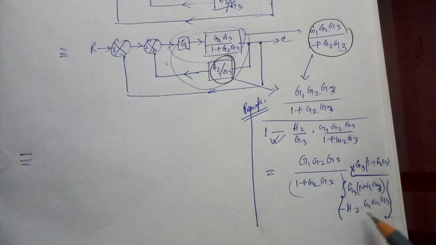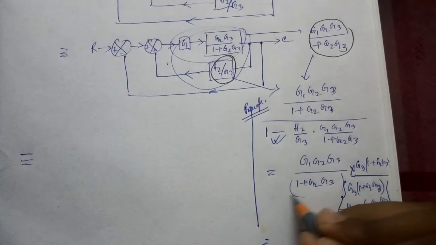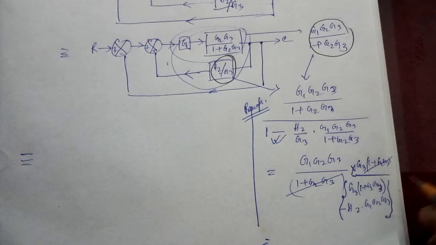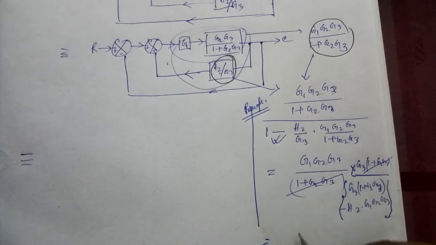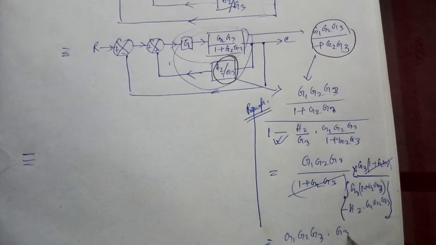Now this is calculated. Now I can omit this part, and the rest will be G1 G2 G3 multiplied with G3.